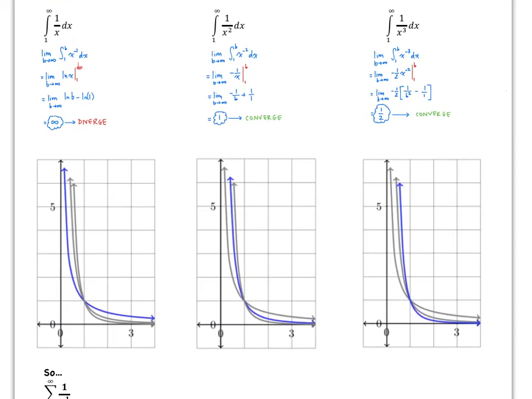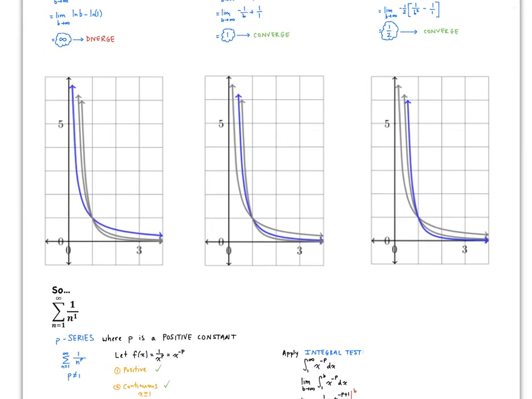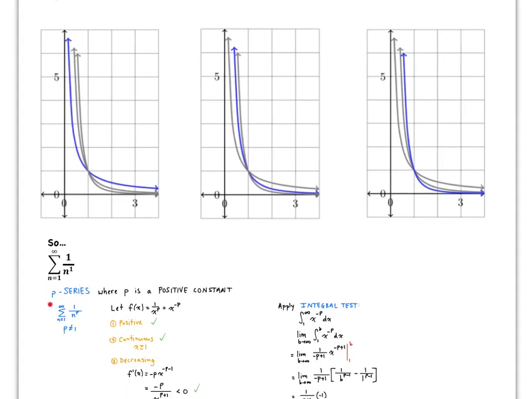So a P series is going to look something like this down here, okay? And we're going to look at this scenario here where P is 1 and talk about that. But let's just use the integral test to see whether this series itself converges or diverges.